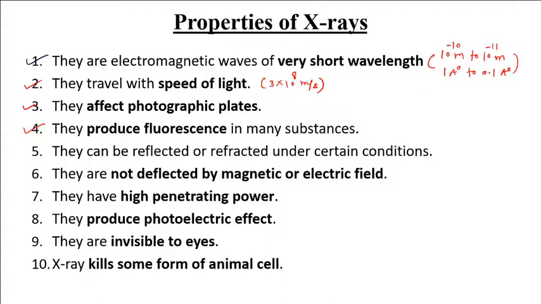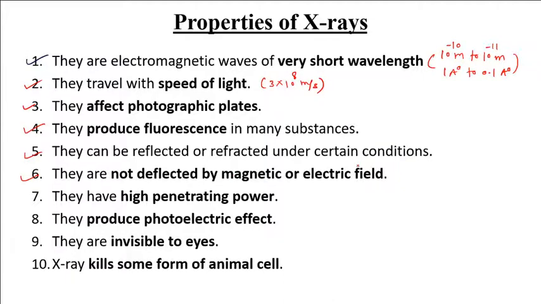X-rays produce fluorescence in many substances. When X-rays pass through such substances, fluorescence is produced. X-rays can be reflected or refracted under certain conditions. Next, X-rays are not deflected by magnetic or electric fields.